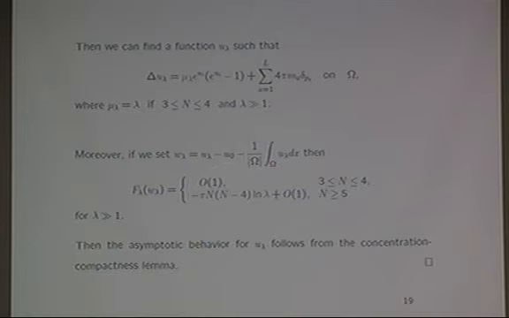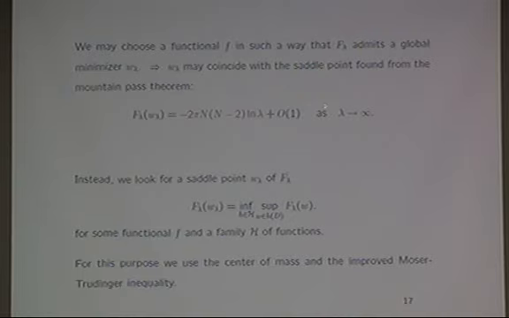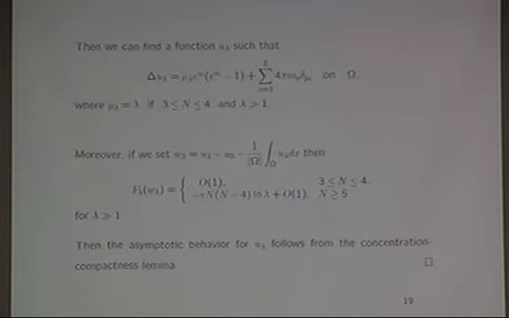So in this case, some normalized function of u lambda satisfies this equality. If we compare this result and this result, which is satisfied by a saddle point, we see that the solution we found is different from the saddle point which was obtained from the mountain pass theorem.